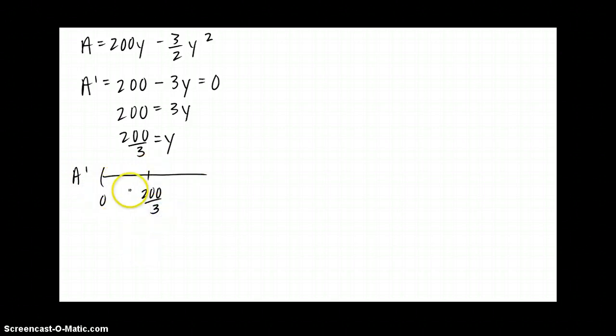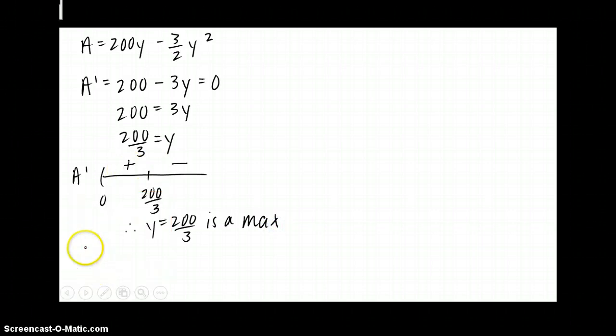If I plug in any number between, let's plug in 1, we know that's nice and simple, that'll give us a positive value. If I plug in 100 here, I would get 200 minus 300, so that would give me a negative. Okay, the question asks, we wanted the area to be a maximum, therefore 200 thirds is a max, because the derivative switches from positive to negative.